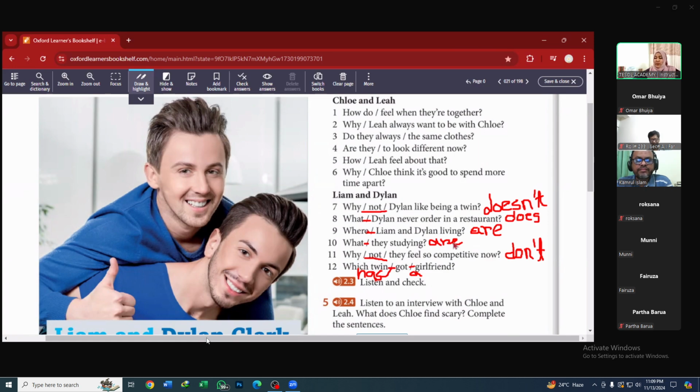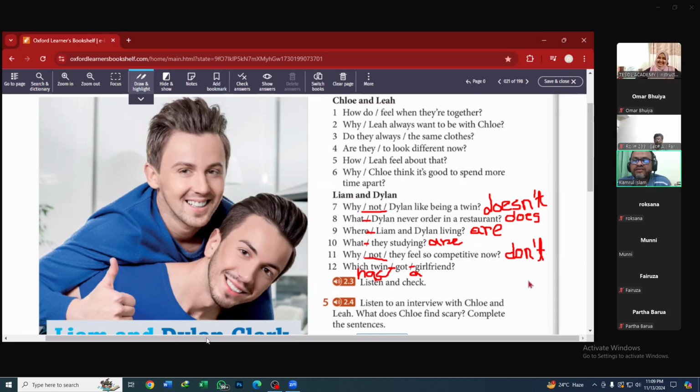Okay, number 11. Why don't they feel so competitive now? Mr. Kamru. Actually, now they are independent and they are living differently. Exactly.